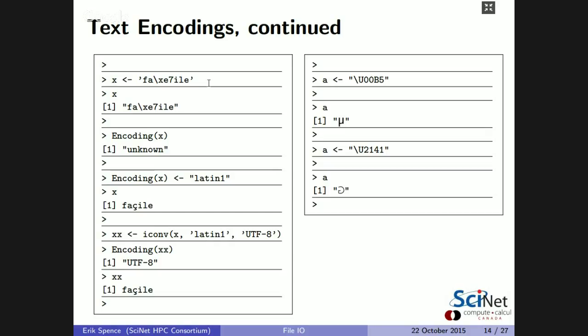And then, as I said before, \U is a Unicode symbol. I must have skipped a step here. This may not work without assigning the encoding. But this is the symbol for mu, and this is the symbol for, I don't know what that is. I pulled it out of random Unicode characters.